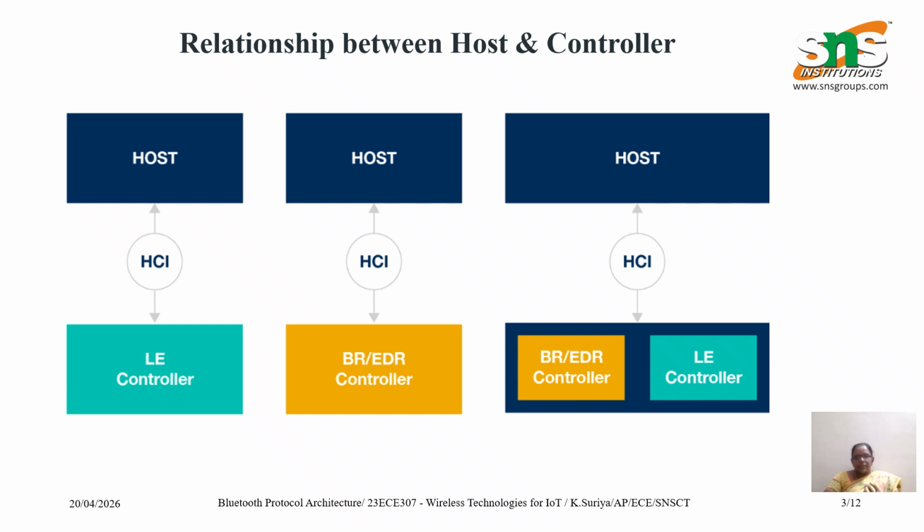The host serves as an interface for applications on the operating system and implements the protocols of the higher layers. So it communicates with the OS applications to perform tasks with Bluetooth. And the controller implements the basic functions and protocols of the stack and supports the different Bluetooth technologies.